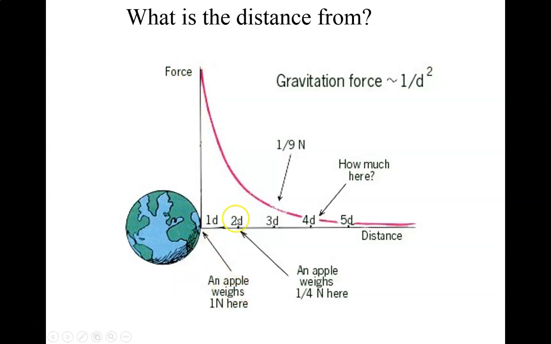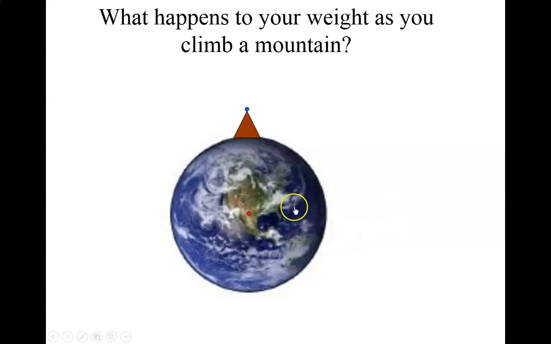If we go 1 Earth radius above the surface, we're 2 Earth radii away, and that apple now weighs 1/4 of a Newton. If we're 3 Earth radii away from the center, now the apple weighs 1/9. And how much is the apple going to weigh here? 4 Earth radii away, 1/16.